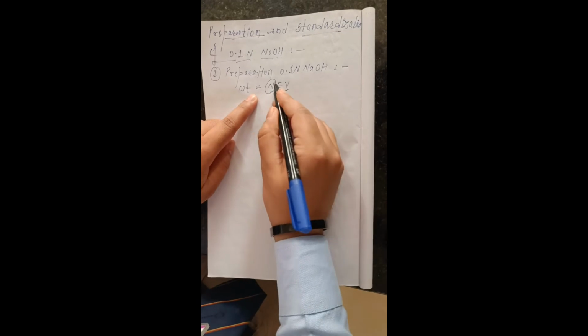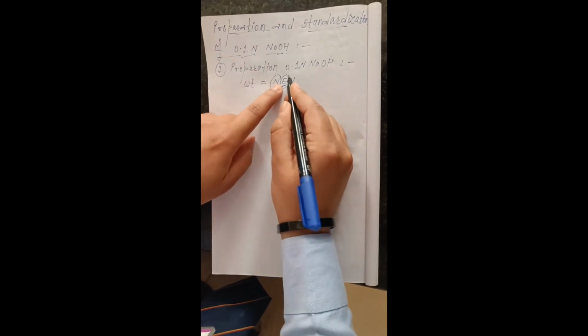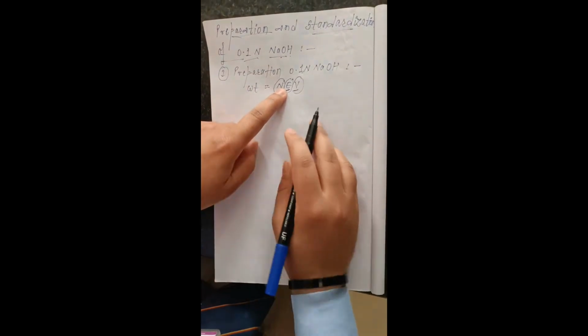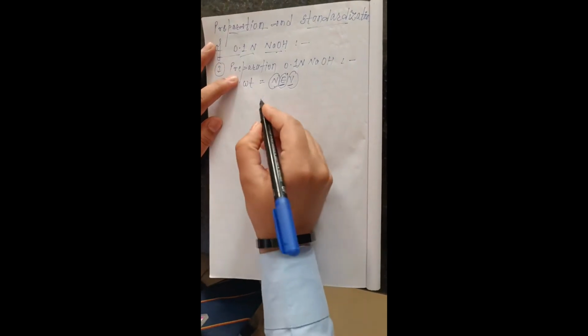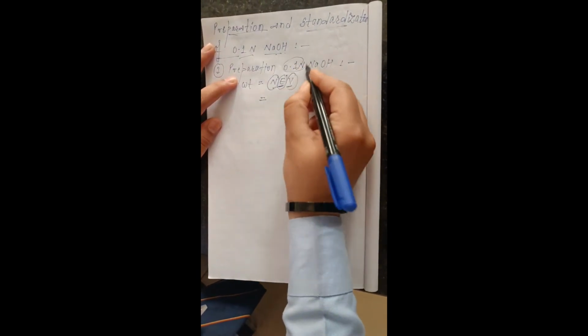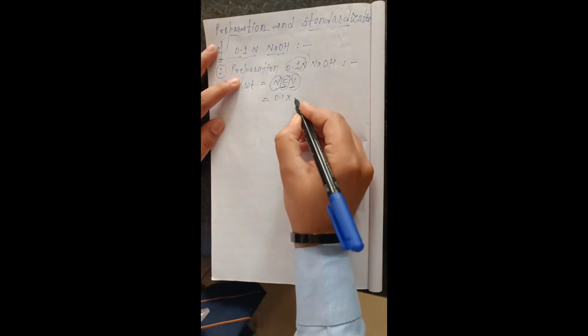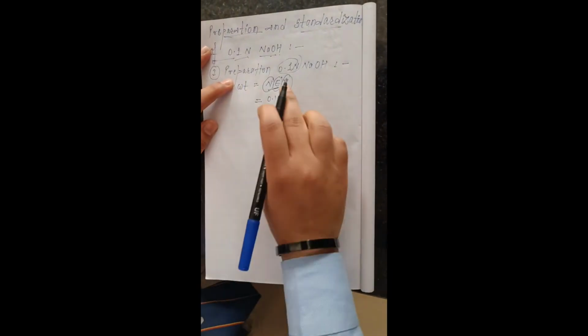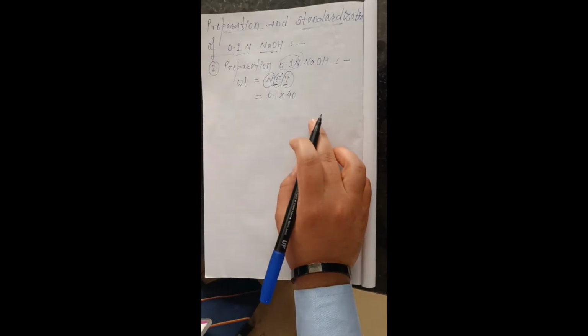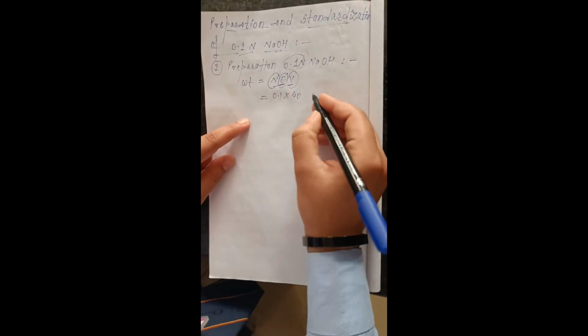Here N is the normality, E is the equivalent weight, and V is the volume of the sample we are preparing. We are considering 0.1 normal, so it will be 0.1. The equivalent weight of NaOH is 40, and the volume we are preparing for this titration of NaOH will be 100 ml.